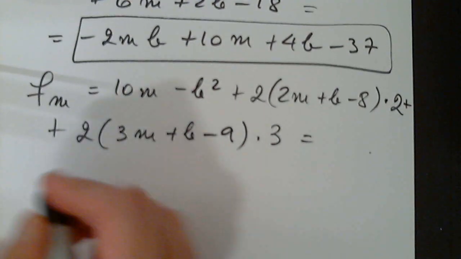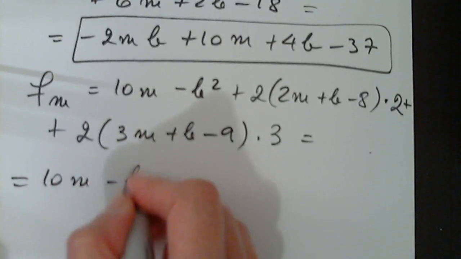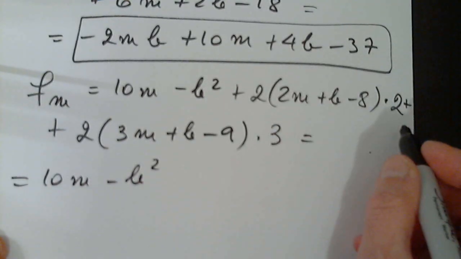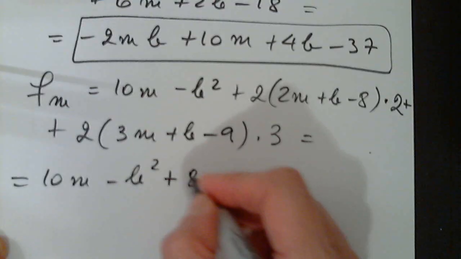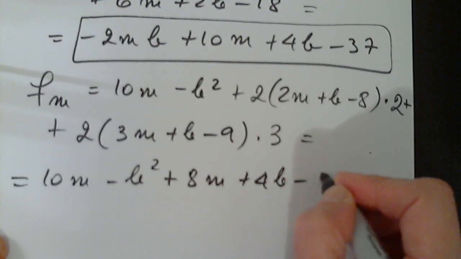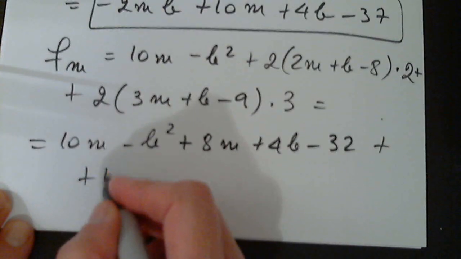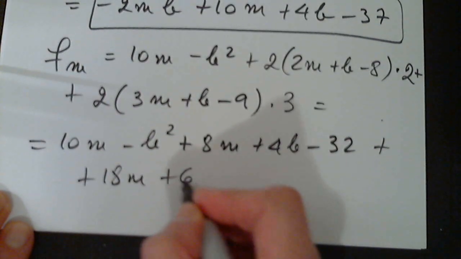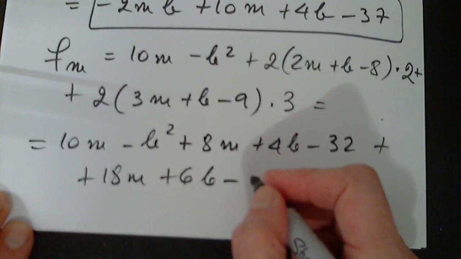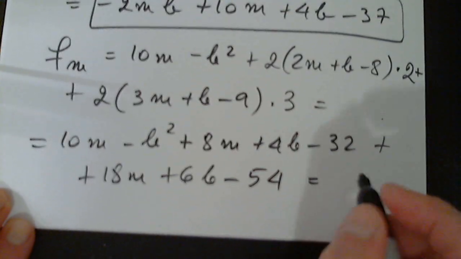So 10m minus b squared multiplied by 4 plus 8m plus 4b minus 32 multiplied by 6, 18m plus 6b minus 54.